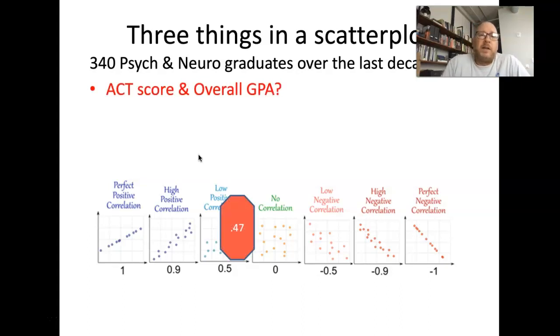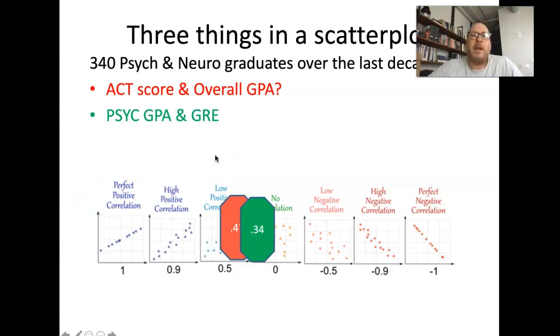So I correlated for those 340 students their ACT score from high school and their overall GPA at Augustana. Notice that's a 0.47 correlation. So we can tell something about a student's ability to do well at Augustana based on the ACT score.